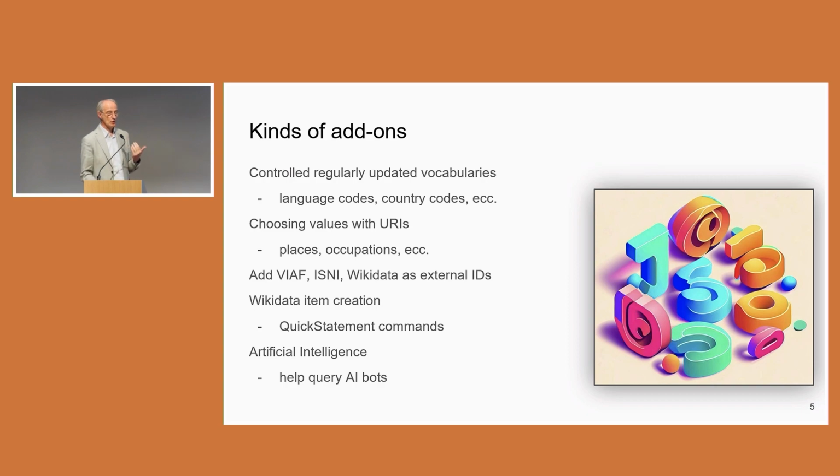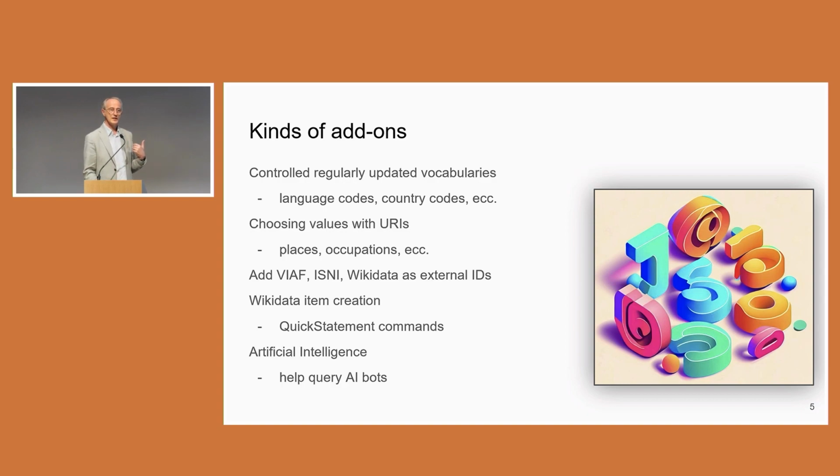We can also add important external identifiers. These three are examples, but in your library you can be interested in other kinds of external identifiers, like, for instance, the National Library of Greece identifier.